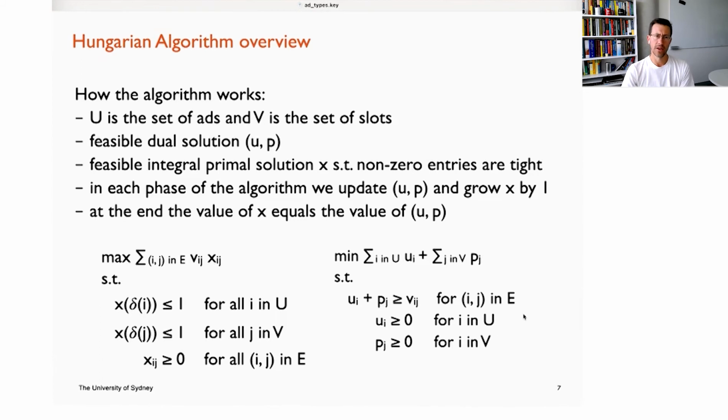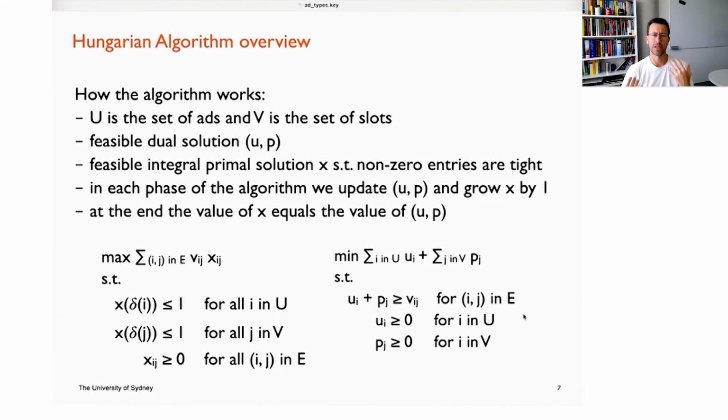In the Hungarian algorithm, we start with a trivial dual feasible solution that has very high cost, but it's feasible. And we have a feasible integral solution that is not optimal. And what we do is we try to bring these two together by decreasing the value of the dual and increasing the value of the primal solution.